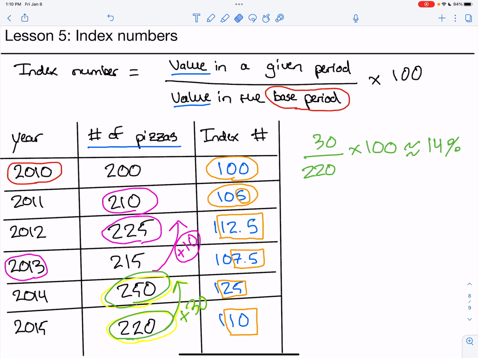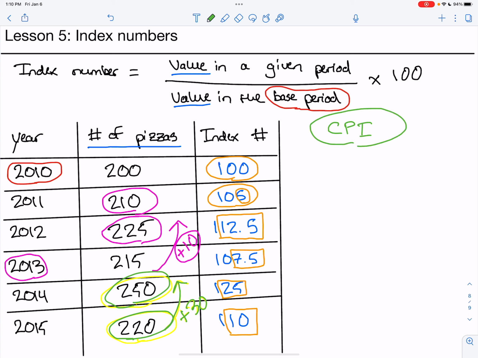Well, it's useful in the case of something like the CPI, the Consumer Price Index, okay? This is probably not something you need to know for this course in particular. Well, actually, if you're taking macro, this might be quite useful. So the CPI stands for Consumer Price Index, and this is an index number, okay?